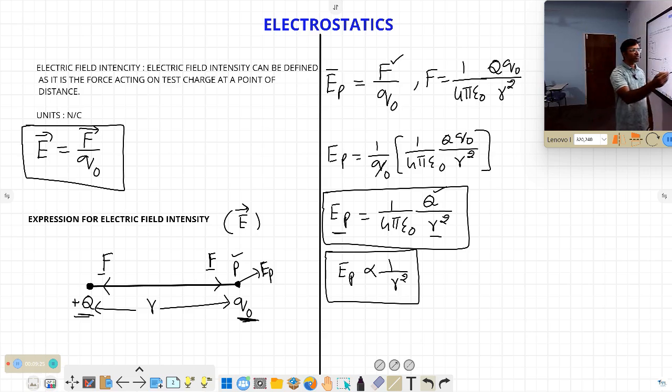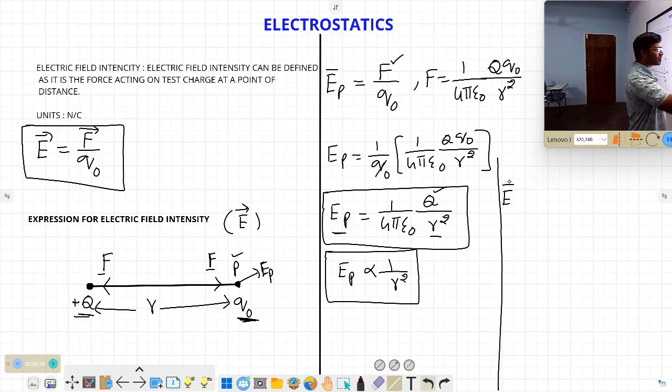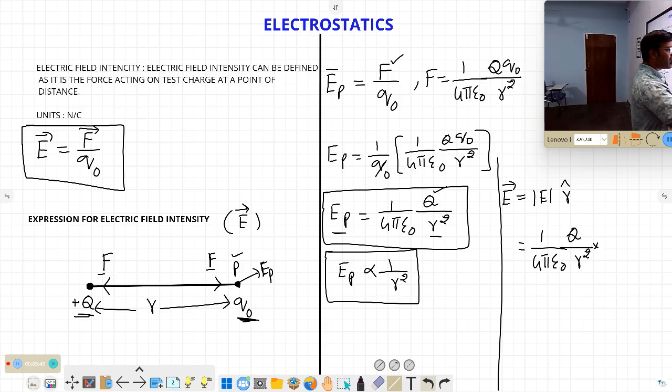Now if you want to write this in the form of a vector, electric field is a vector quantity, so we can write it as mod E into the position vector direction, that is R cap. R is a position vector. So what is E at that point P? It is 1 by 4 pi epsilon naught, capital Q by R square into R cap, which I can write as R by mod R, because a unit vector can be written as the vector by the magnitude of the vector.